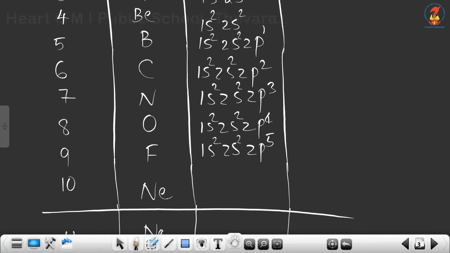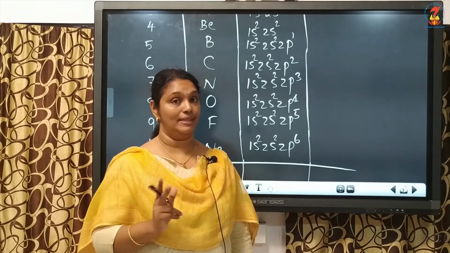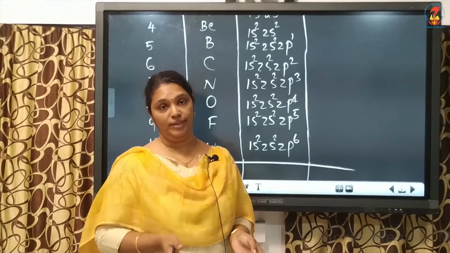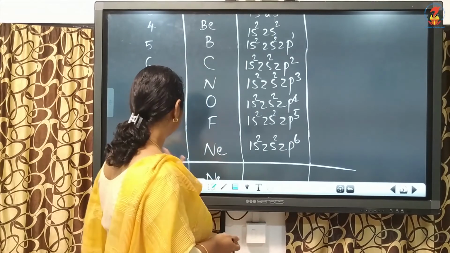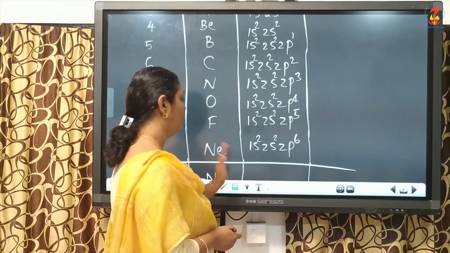And last we have neon, 1s2, 2s2, 2p6. And you know there are 3 p orbitals. So each orbital can accommodate 2 electrons, means total number in p orbital is 6. So with 2p6, 2p orbital gets completely filled. Okay, so our second period also gets completed with neon.